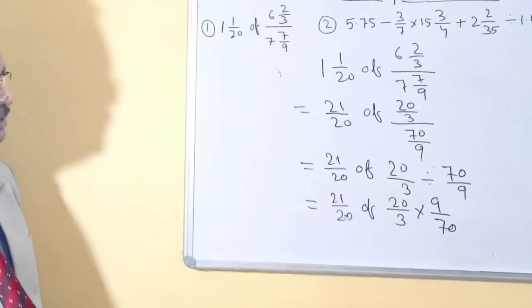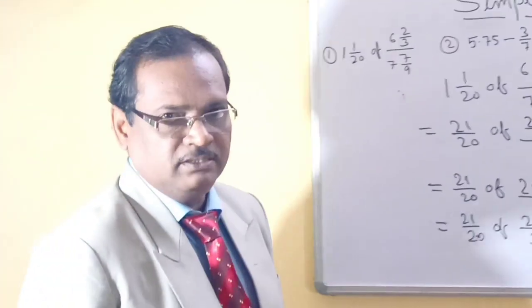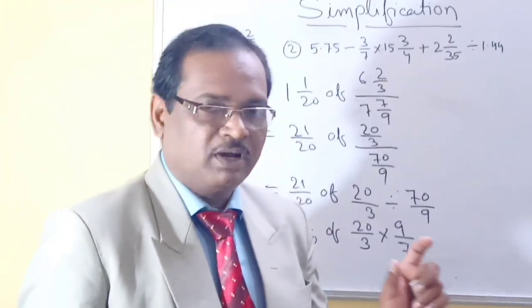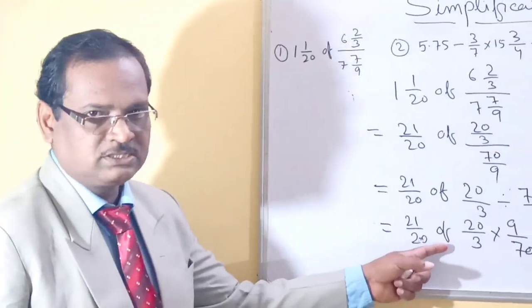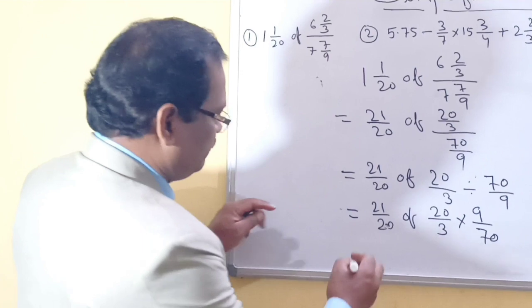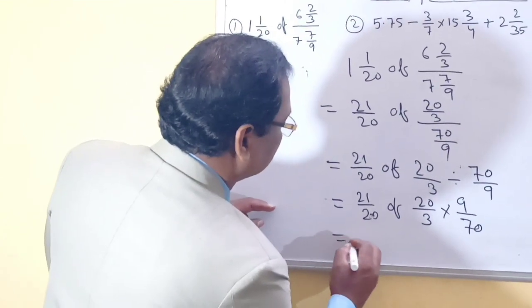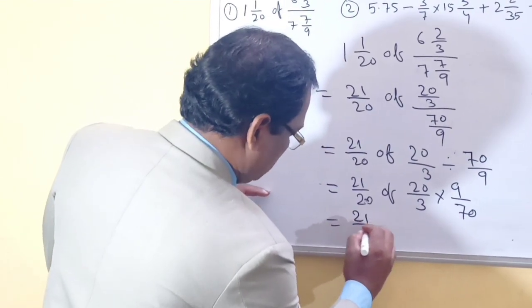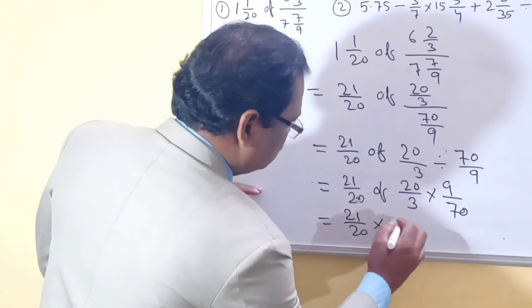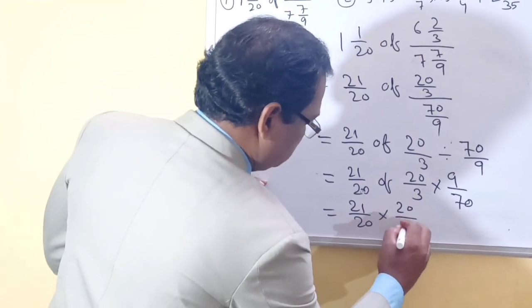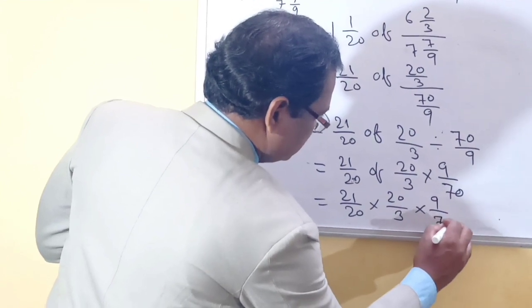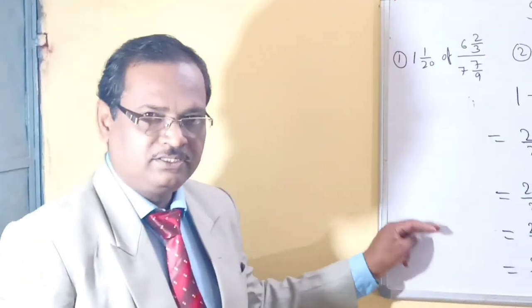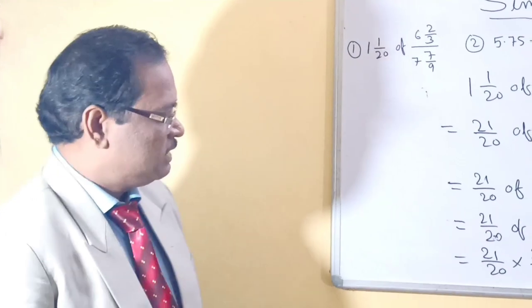Now, keeping in mind the BODMAS rule, I will solve the of. Of means multiplication here. So equal to 21 by 20 into 20 by 3 into 9 by 70. Right? Is it clear?